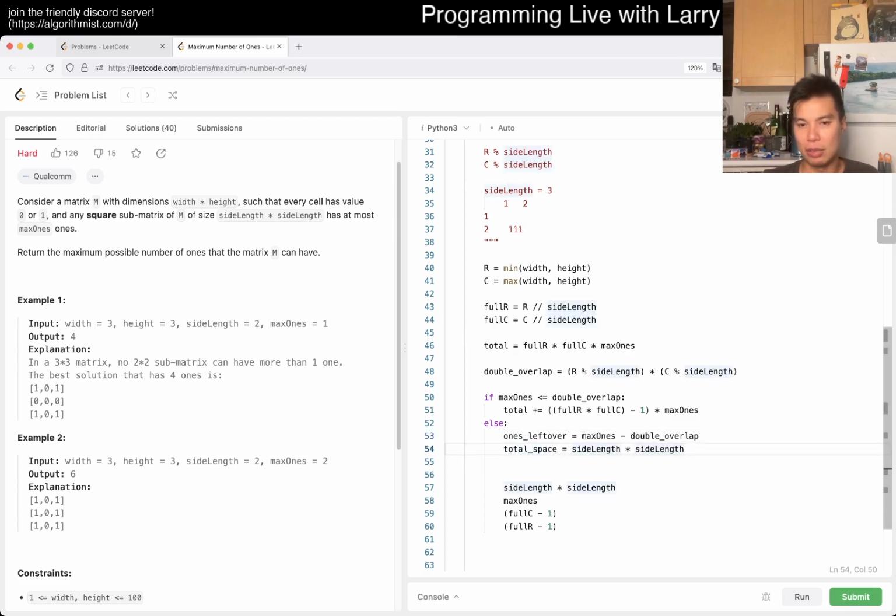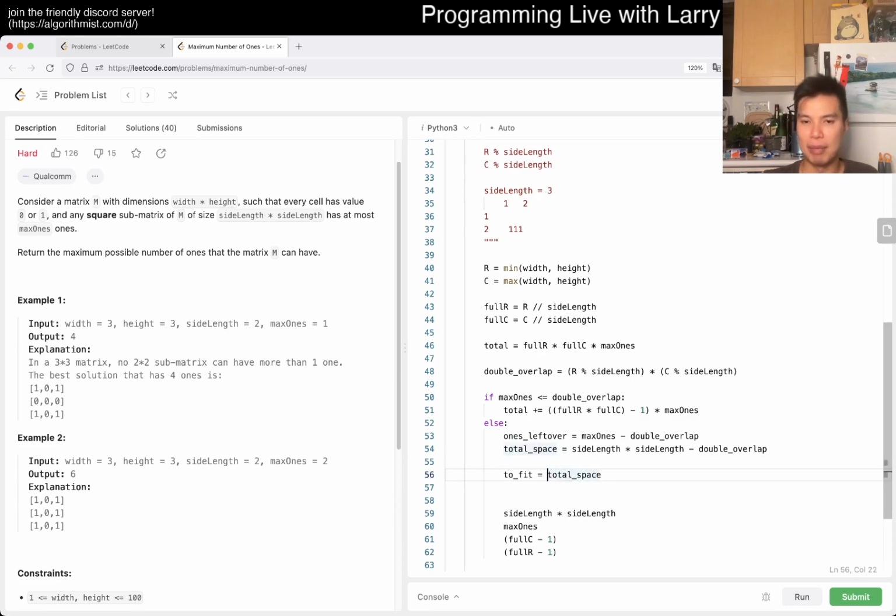And so we have to figure out, you know, calculate ones to fit, which is equal to total space minus, well, it's ones left over, but basically total space is this minus double overlap, right? Yeah.